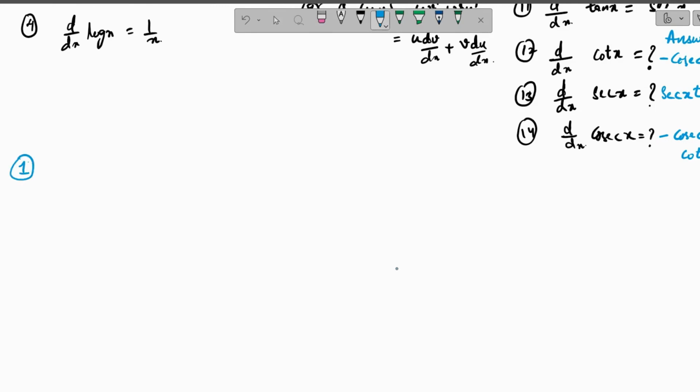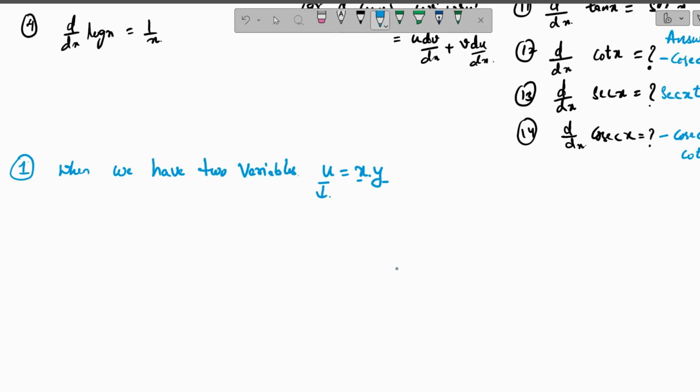So in the partial differentiation, when we have two variables, like for example, u is equals to x dot y. We have two variables here. Okay, these two are independent variables. This is a dependent variable.